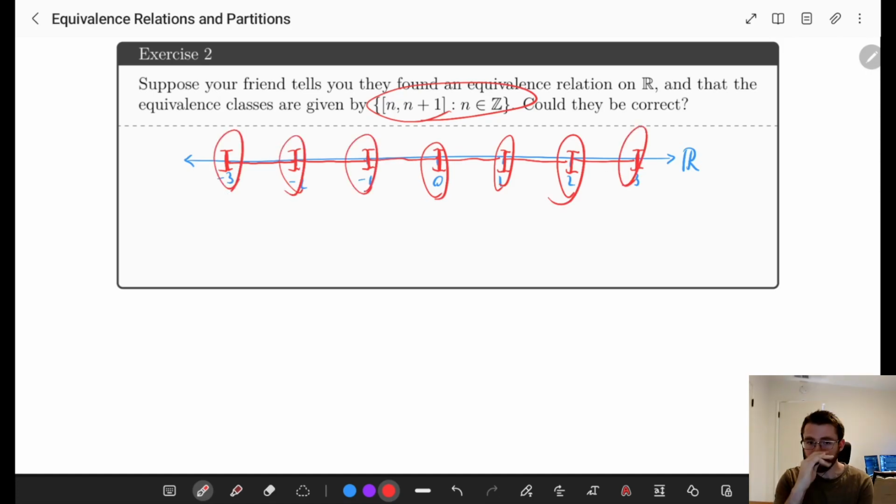Okay. So you could say to your friend, well, if you made this an open parenthesis, maybe you're correct. Or you could make this side an open parenthesis, but as it stands, this is guaranteed to not be an equivalence relation on the real numbers, because such an equivalence relation would have to partition them into non-empty, non-overlapping subsets, and your subsets, your equivalence classes, overlap.